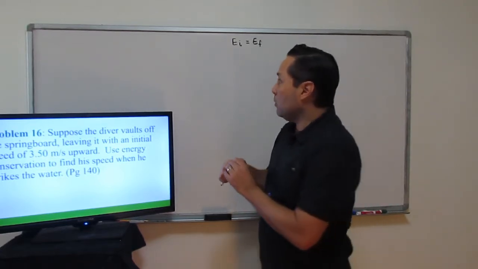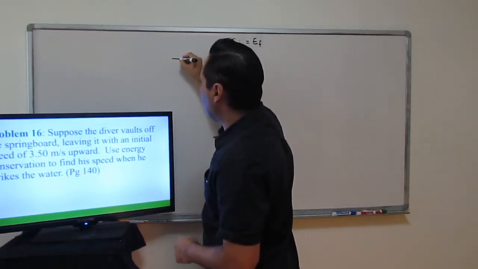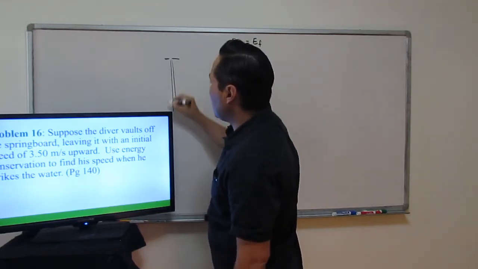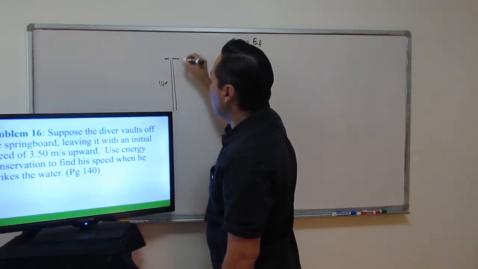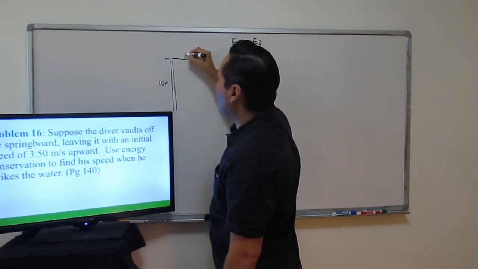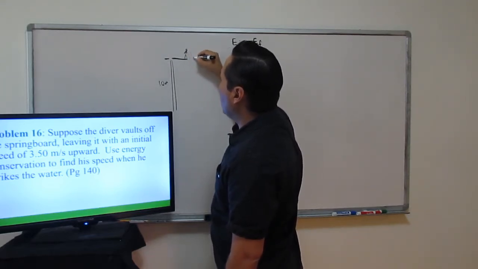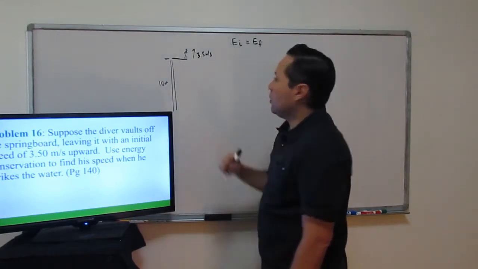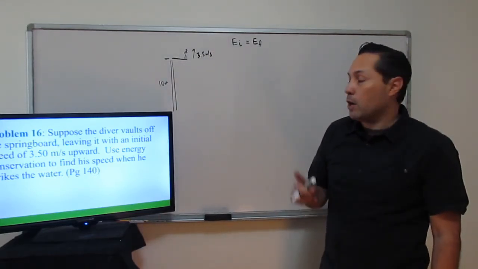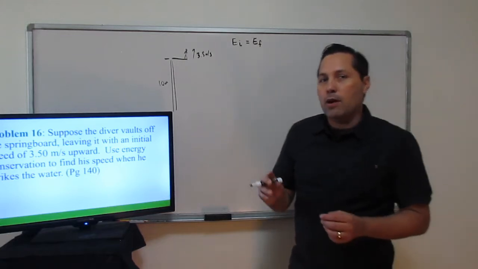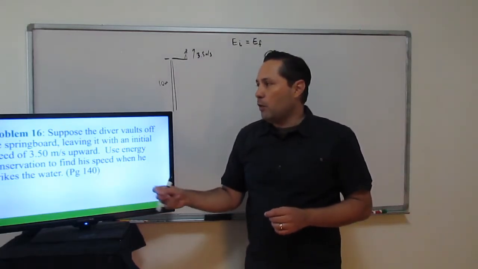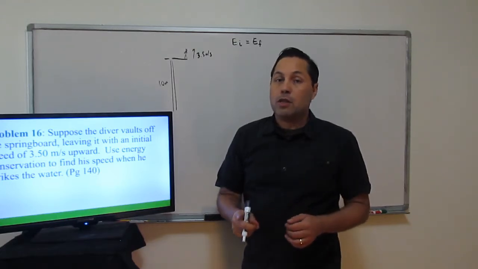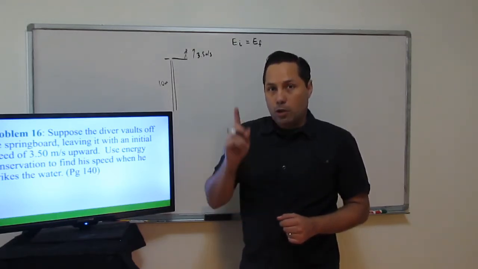So he's still 10 meters off the ground, but now he's using the springboard, jumping off it with an upward speed of 3.5 meters per second. They want us to use the same formula to figure out his velocity. The change from the previous problem is that now he does have an upward initial velocity of 3.5 meters per second.